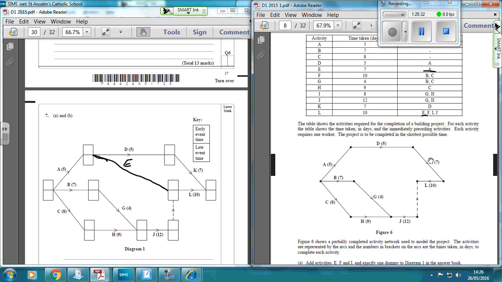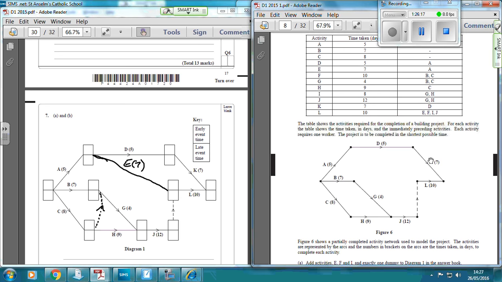So that's E, and that takes 7 days. The next one is F, which is preceded by B and C. If we just pause for a second, F has got to be preceded by B and C, as has G, but H has only got to be preceded by C. So we're going to add in a dummy arc here, because H only shares some of the predecessors of E and F, so therefore we need a dummy arc.